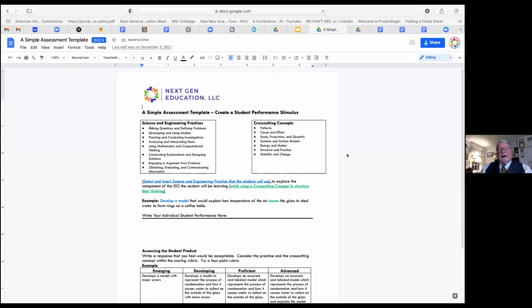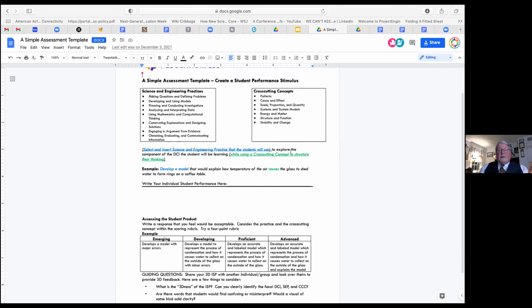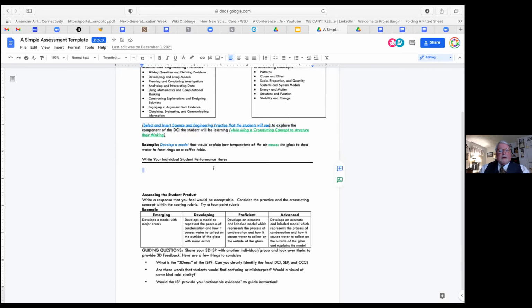By the way, what we're sharing tonight, this 1 hour, is something I do normally over 3 hours, where I actually have people write out some individual student performances. But what this is designed to provide the teacher with, there's the practices, there's the cross-cutting concepts. There's your template here as far as what the model might be. There's an example. And then here's the space where you can write it.